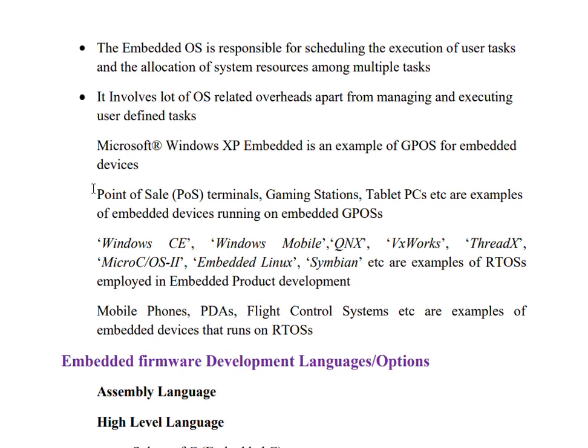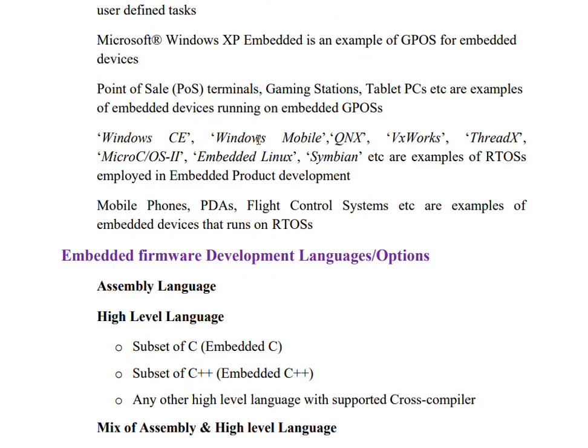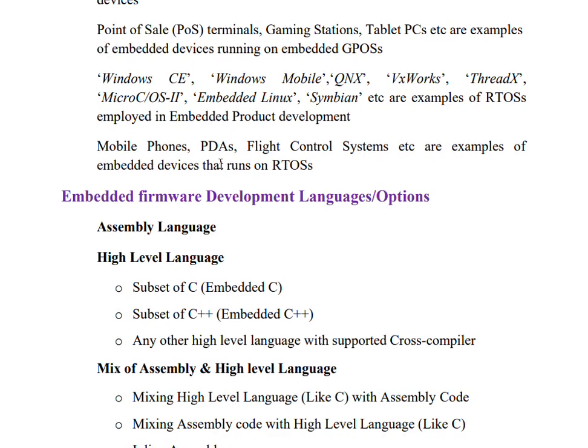Point of sale terminals, gaming stations, tablets, PCs, etc. are examples of embedded devices. Embedded Linux, Windows Mobile, QNX, VxWorks are examples of operating systems used in embedded product development. And mobile phones, personal desktops, flight control systems are examples of embedded devices that run on RTOS.